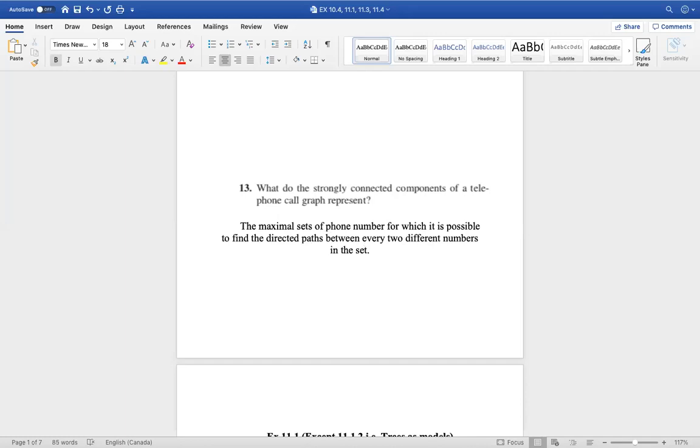Strongly connected components represent the maximal set of phone numbers for which it is possible to find the directed path between every two different numbers in the set.